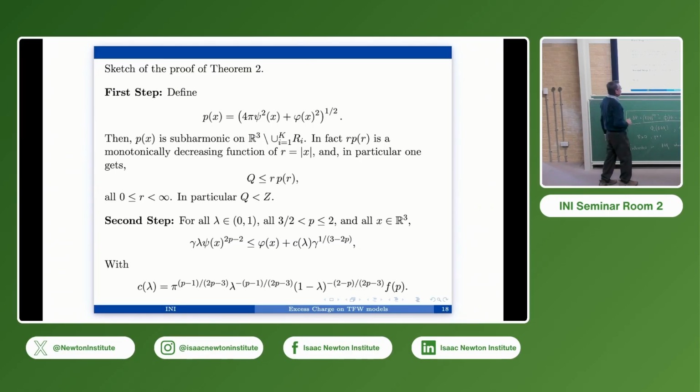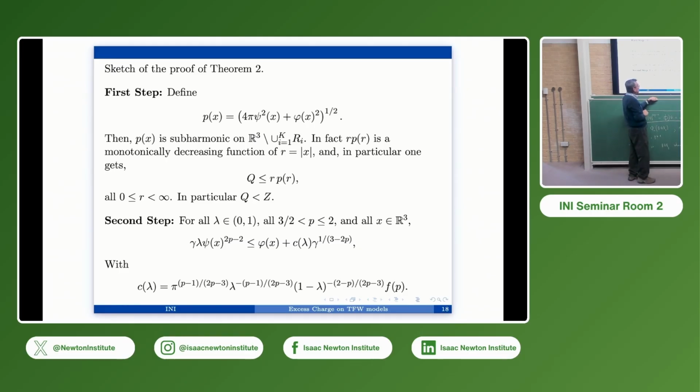In particular, you can study the behavior of p for large values of R, where R is mod x. At large distances, the function psi decays, and in fact it decays exponentially. So the only thing that matters near infinity is the behavior of the square root of phi squared, that is, mod phi.